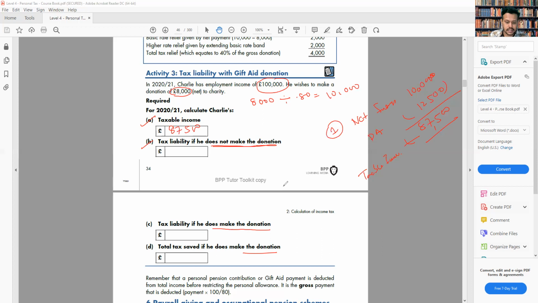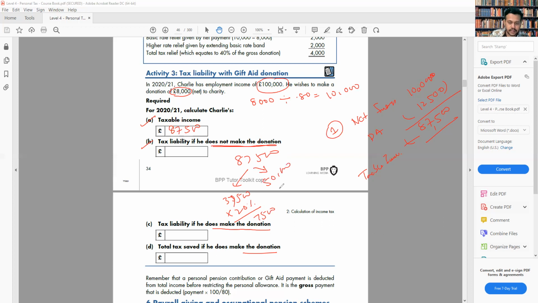Tax liability if he does not make the donation. It's very simple. If he does not make the donation, we have to pay the tax on this 87,500, and we have to divide it into a few categories. We pay the first 37,500 at a tax rate of 20%, that is 7,500. Then the next one, how much is the difference? 87,500 minus 37,500 is 50,000.